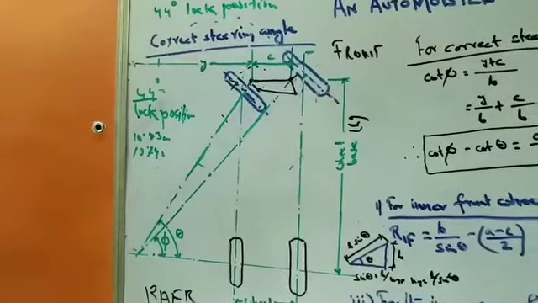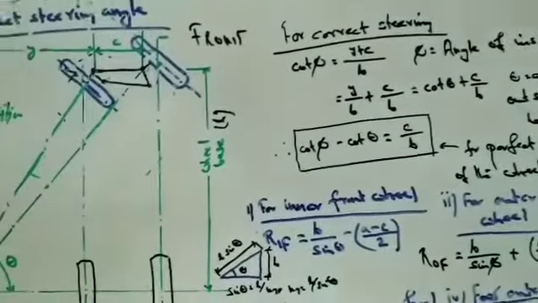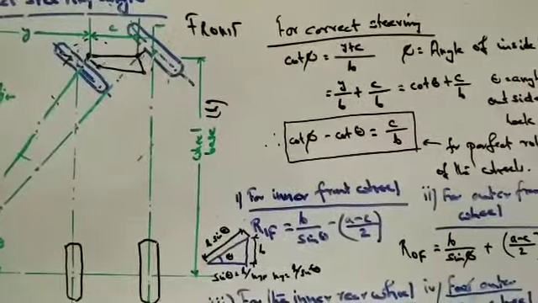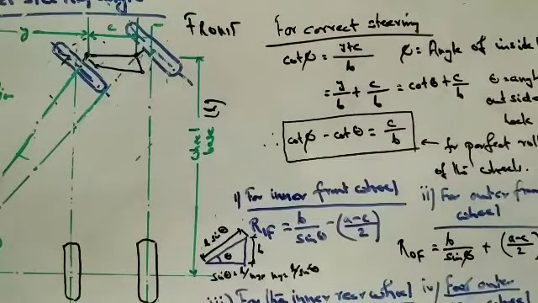Now we should come to the derivation of the equation for the perfect rolling of the wheels. We can see that cot phi is equal to base by height.